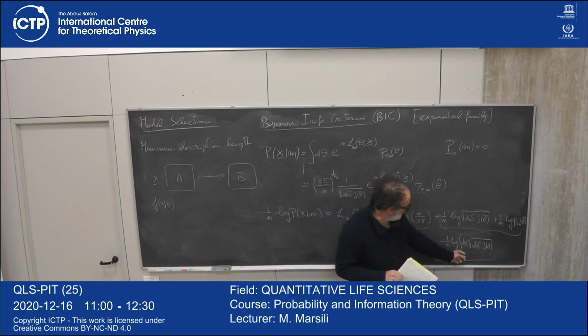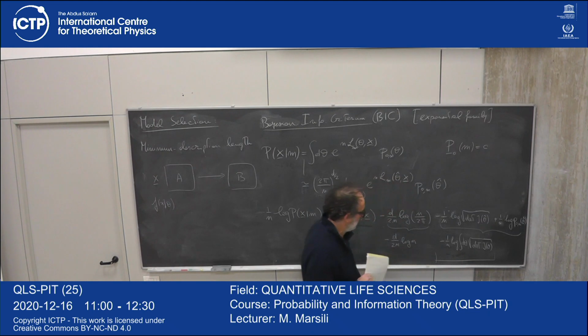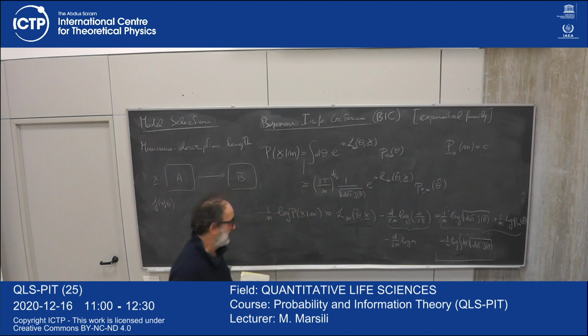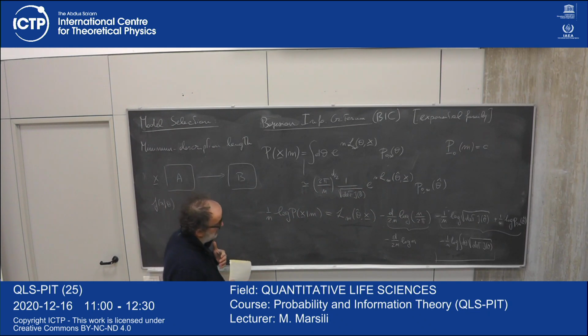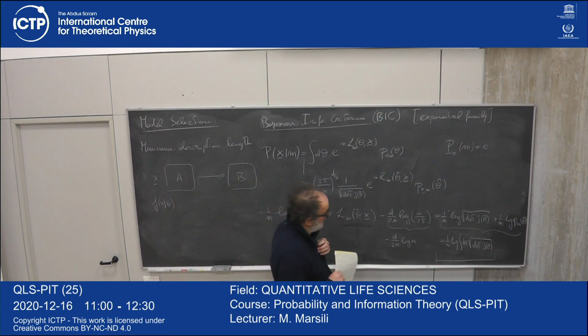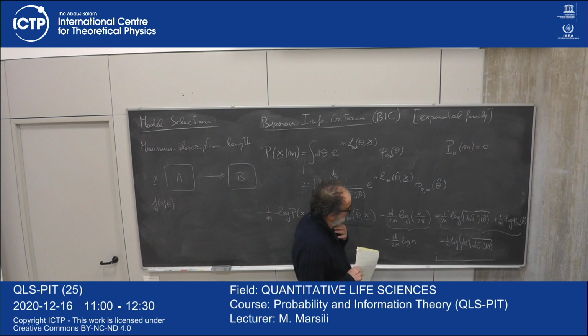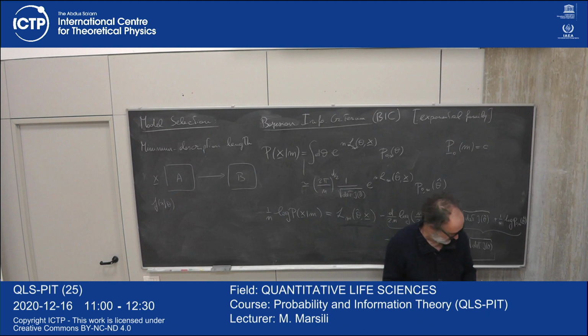And so this term here is an intrinsic complexity of the model, and it's called parametric complexity. It is essentially a measure of how complex a particular model is. Okay.